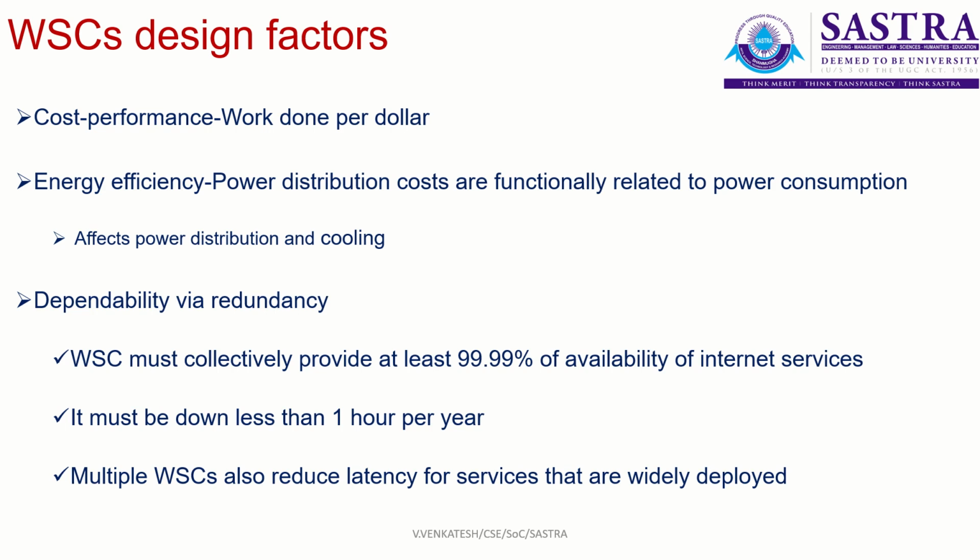The server or whatever infrastructure we have should be down for a very minimum amount of time. If you are going to use multiple warehouses, we have to reduce the latency of the services provided. If you post any service request, the latency has to be minimum.